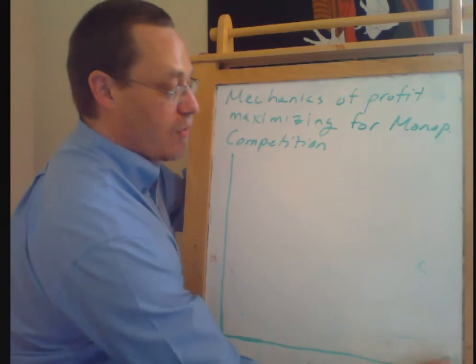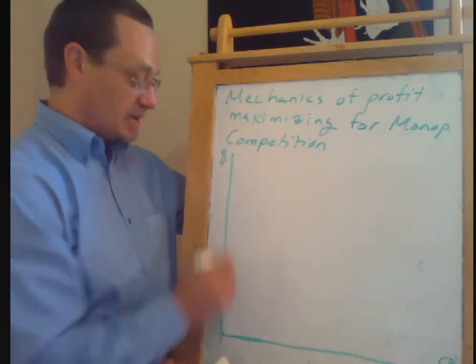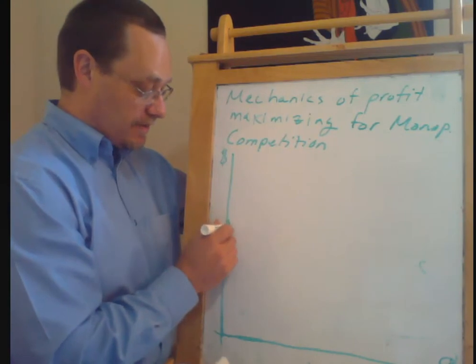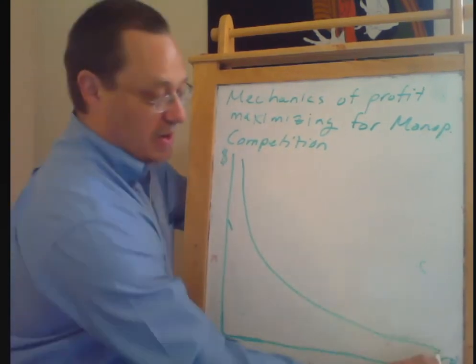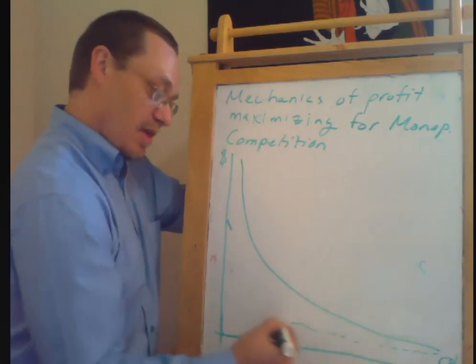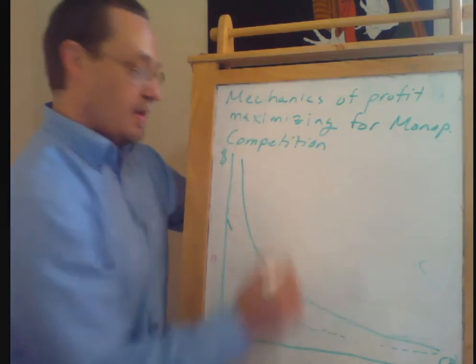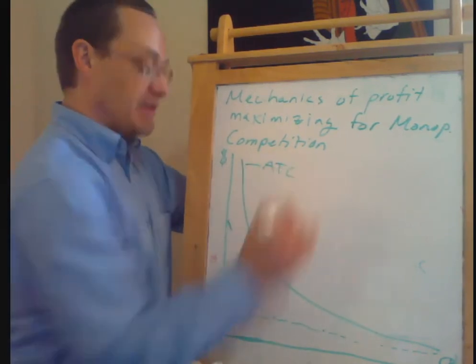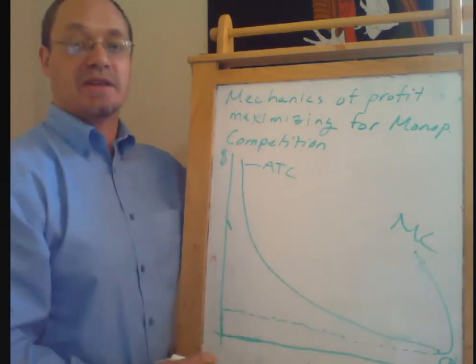So we're going to have quantity on this axis again, and price or costs on this axis. So let's suppose this firm again has this cost structure that gives it economies of scale. So this is average total cost again. The dotted line is marginal cost again.